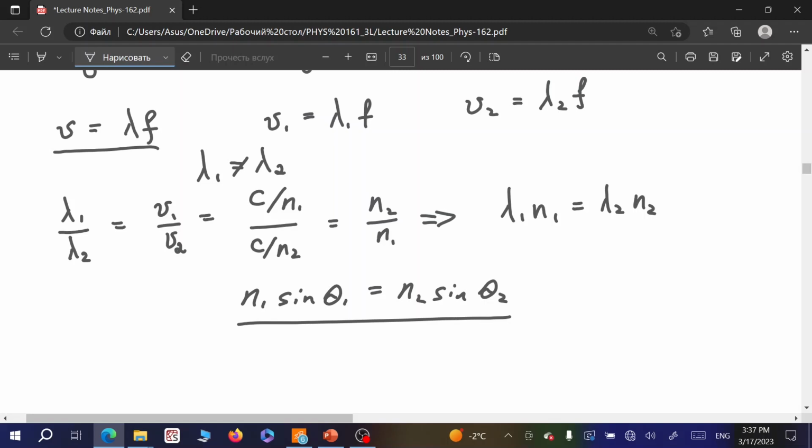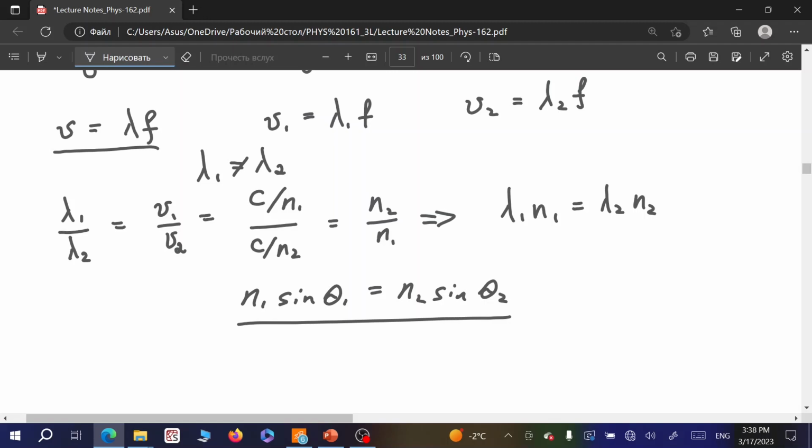So if you consider glass, for instance, and light is traveling from glass and wants to go out from glass to air, an optically less dense material, then at some angle, which is called the angle of total internal reflectance, all light will be reflected. There will be nothing going out from the interface to air.